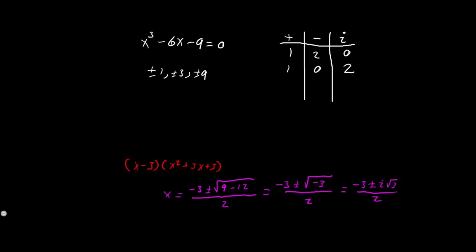So we get that our answers tell us that the second row is correct, since we have one real solution, which is positive, and the other two that are complex.